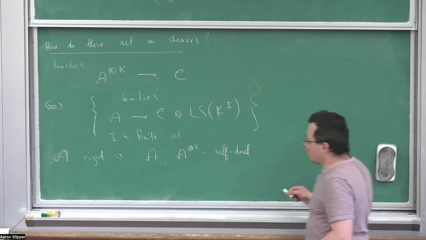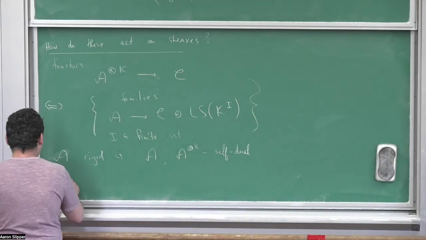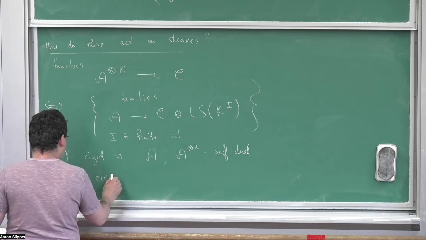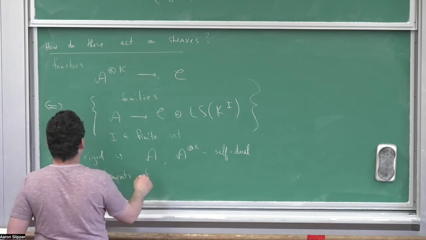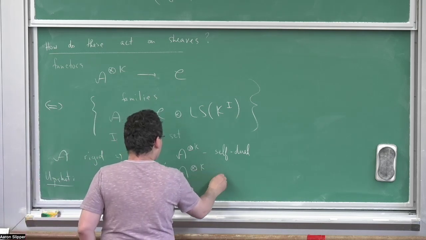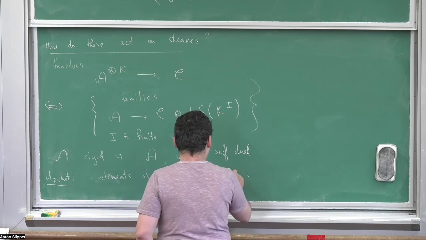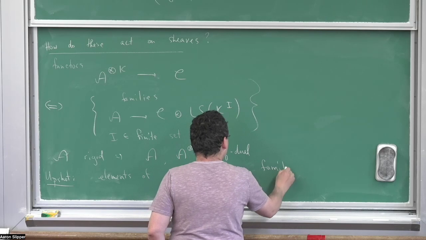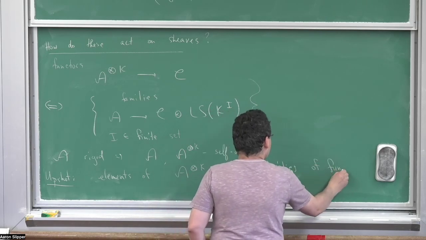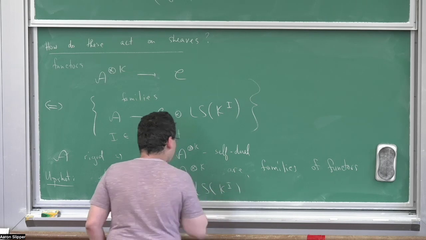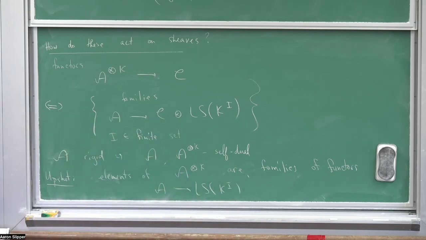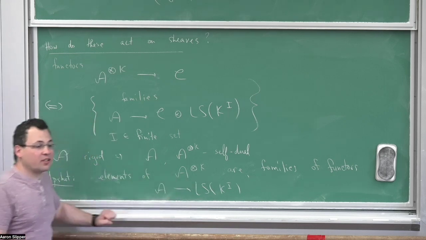Okay, yeah, so the upshot is that I want to think about elements of A tensor K as families of functors from A into local systems on K to the I. Strictly speaking, this is functors from A into that, but because of the canonical self-duality, that identifies it with objects.